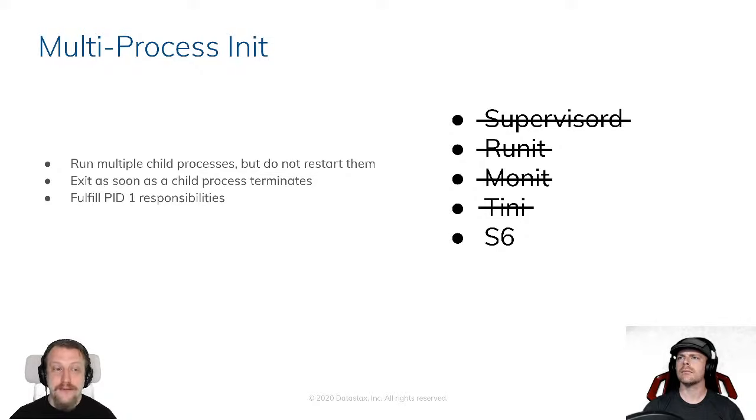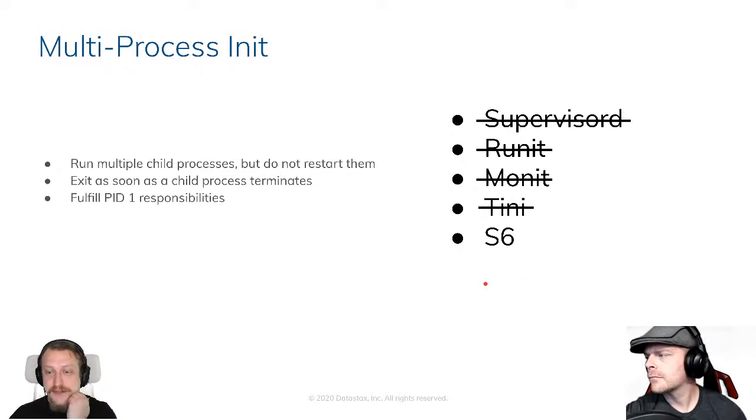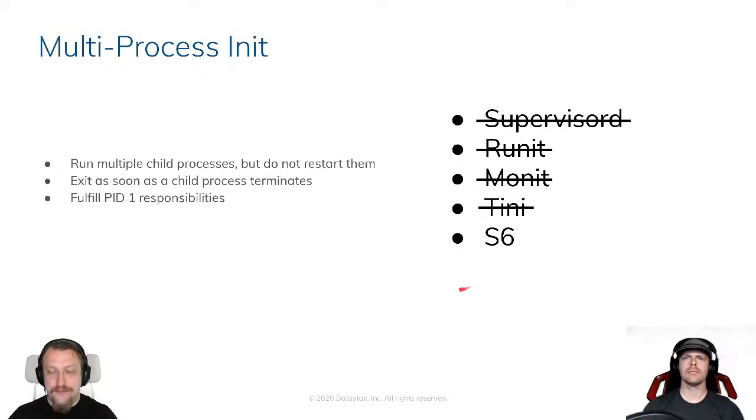And finally we have S6. S6 is a special thing which was done by Linux developers for Linux developers. You will understand that reading the documentation, and it's not really good documentation. But so far it's one of the best process managers we have for multi-process systems.